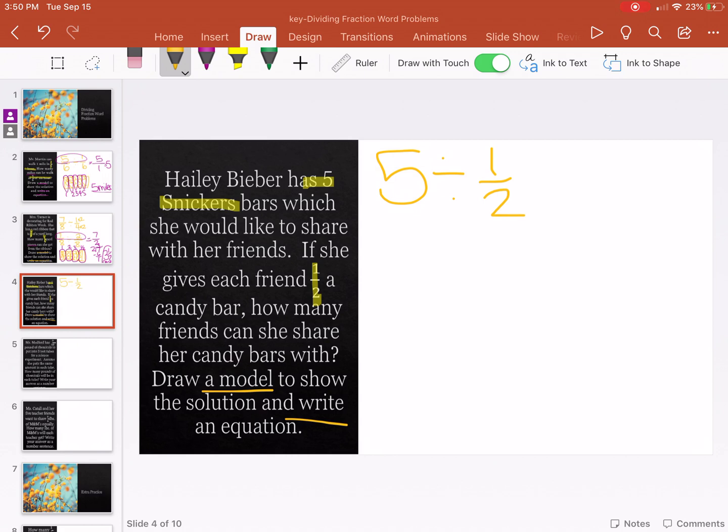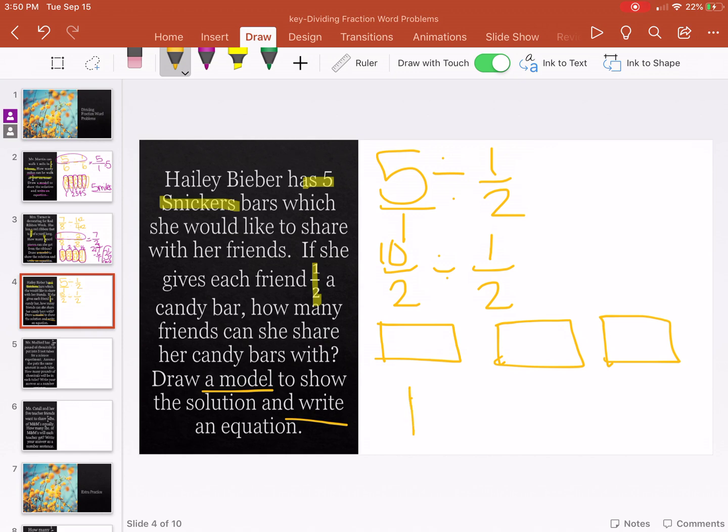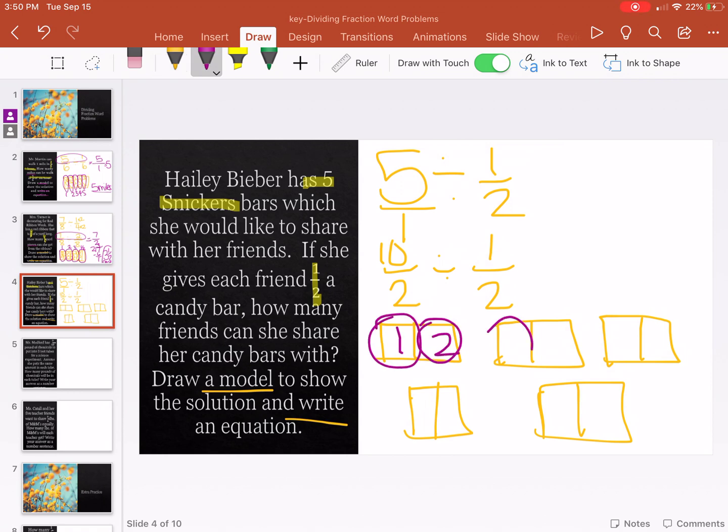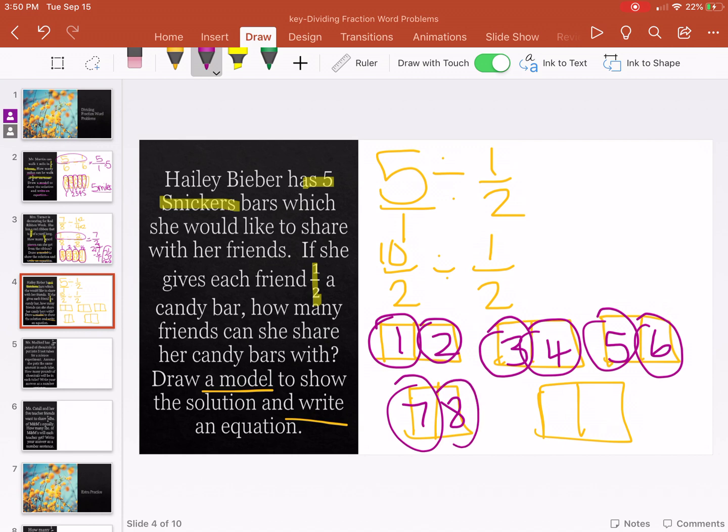Okay, so let's go ahead and change it to a common denominator. So it's going to be 2. So it's 10/2. So we're going to draw 5 full boxes. Divide them in half. We have 1, 2, 3, 4, 5, 6, 7, 8, 9, and 10.